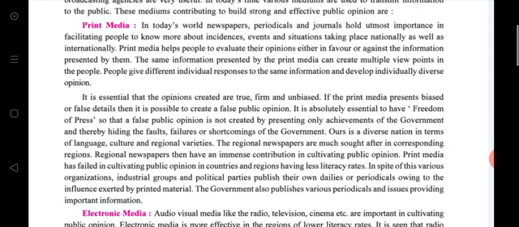Ours is a diverse nation in terms of language, culture and religion varieties. The regional newspapers are much sought after in the corresponding region. Mostly a newspaper related to Gujarat is not seen in Maharashtra or Rajasthan and other states. Mostly it is not available, it is rare.